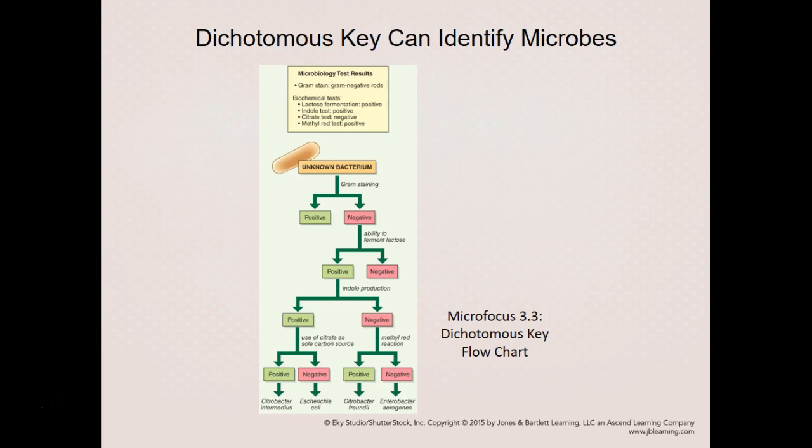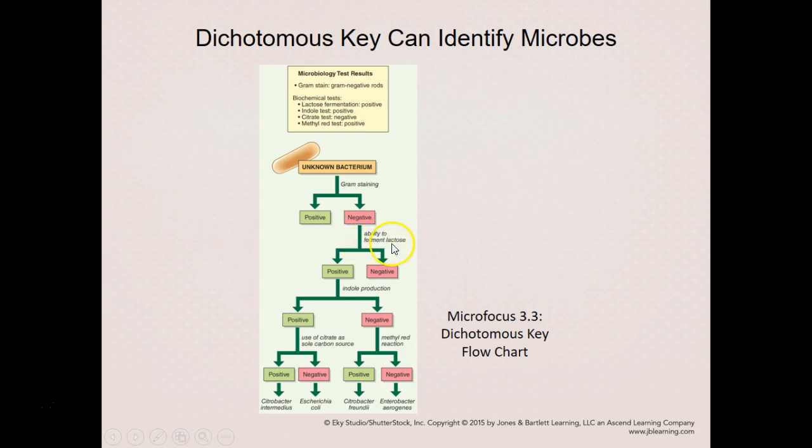So this dichotomous key starts with some bacterial species. We run a test called a gram stain, and in the gram stain, we can either get positive or negative results. If we get negative results, which this looks like it was, then we can do another test.